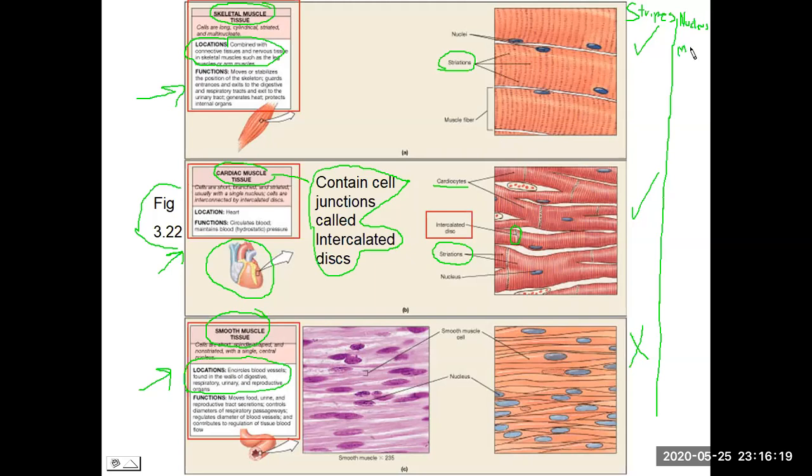So we'll just say many. There are dozens of nuclei in one cell. Cardiac muscle cell, it usually only has one nucleus per cell. Sometimes, the rare case, they'll have two. And in smooth muscle, there's only one nucleus per cell.